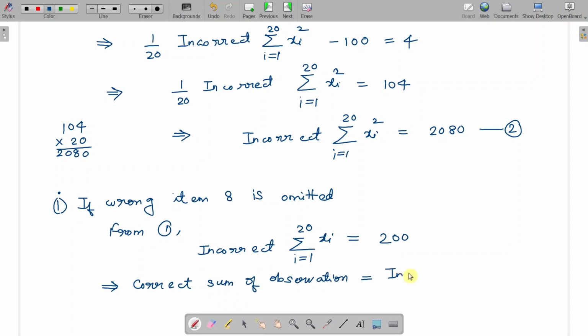The incorrect sum of observations minus this 8, because we have to omit it. So that means it is nothing but 200, right. The incorrect sum of observations is 200 minus 8, which is nothing but 192, right. Now we can find the correct mean.